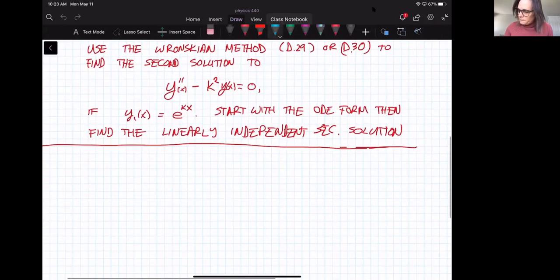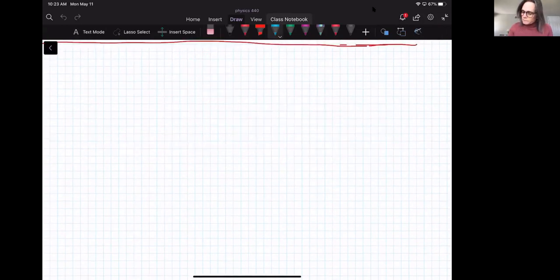All right. So today, as I said, we're going to look at Sturm-Liouville theory, and we'll start, as we usually do, with some definitions.